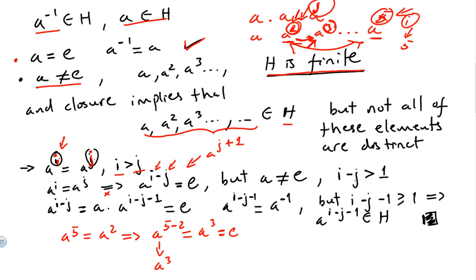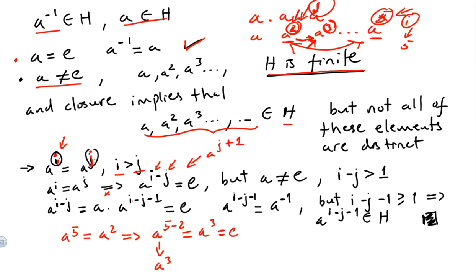And it cannot be 1 too. If i minus j equals 1, a to the power of 1 will be equal to the identity. Okay, and this is not true, so i minus j has to be greater than 1, right?